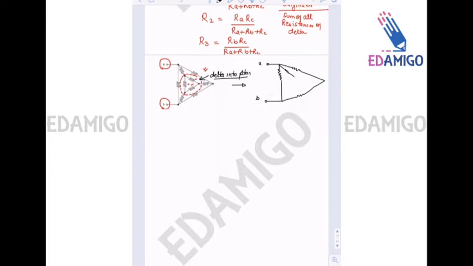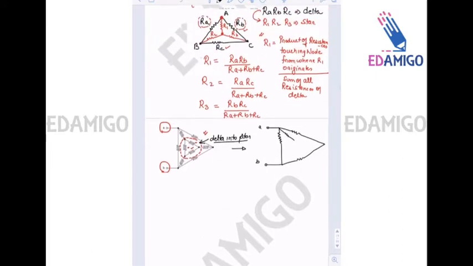When the values of RA, RB and RC are all 1, because in this question it is given that all the resistances are of value 1, then R1, R2 and R3 will be 1 by 3, 1 by 3 and 1 by 3.